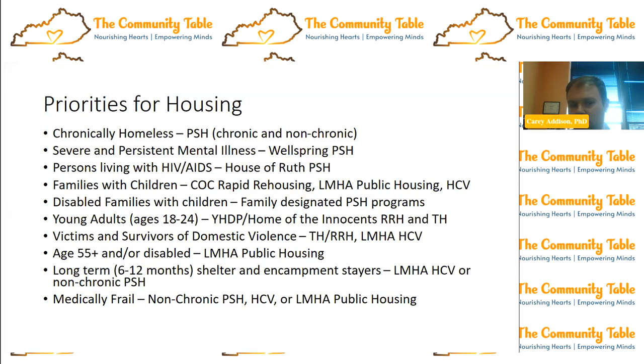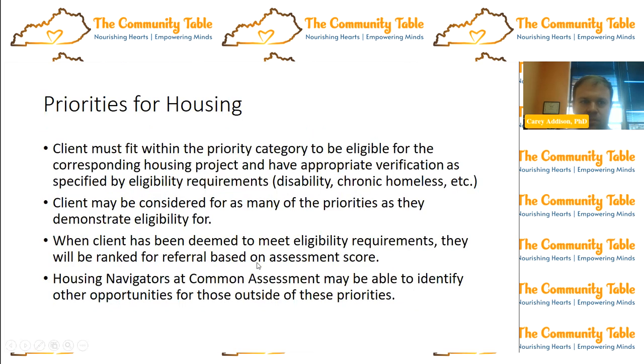So they've been homeless for 6 months or more, but they're not meeting that chronic homeless definition, as well. Also, we have some people in that category that don't have a disability, so they're never going to get permanent supportive housing. We're looking at giving them preference to getting housing choice vouchers or public housing as well.